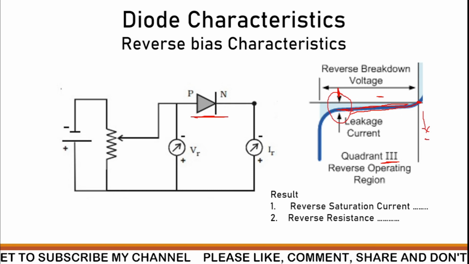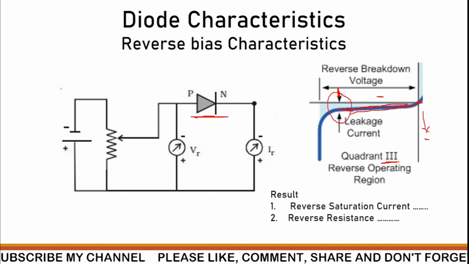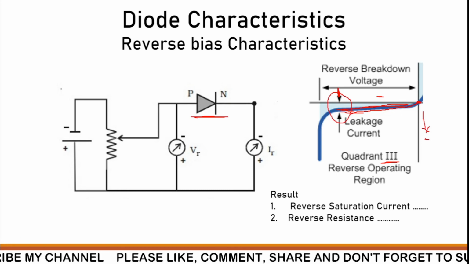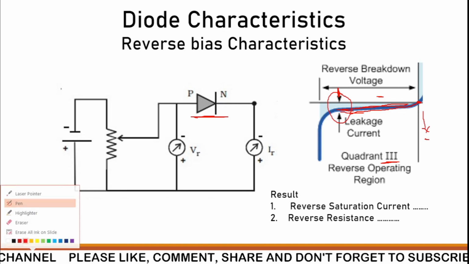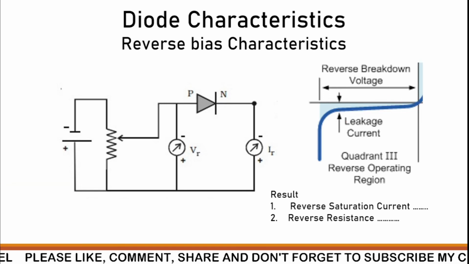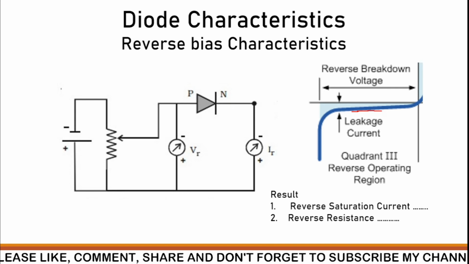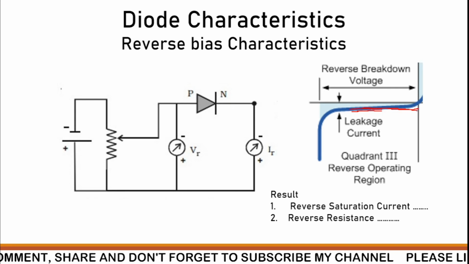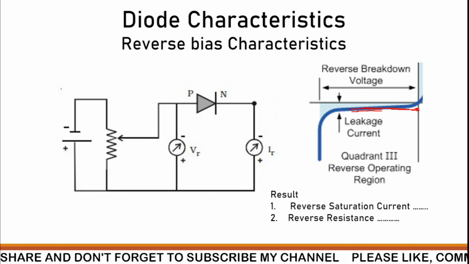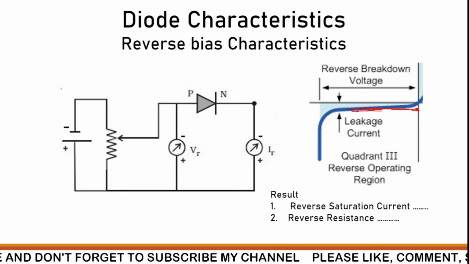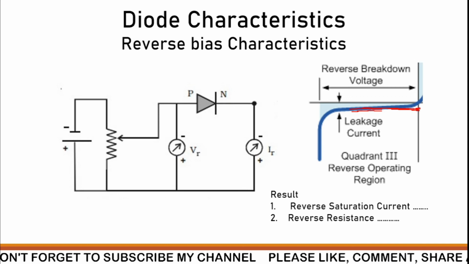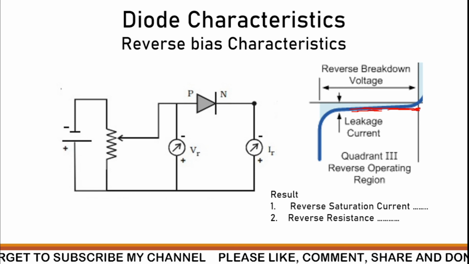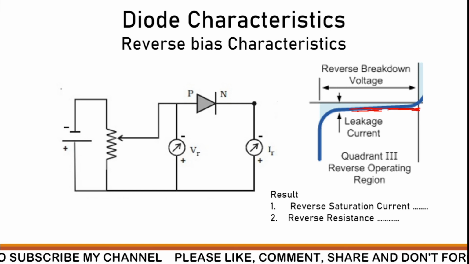Now we have to calculate the reverse saturation current. If I draw this graph back to the axis, this is the reverse saturation current. For that voltage we get a current that is the reverse saturation current.